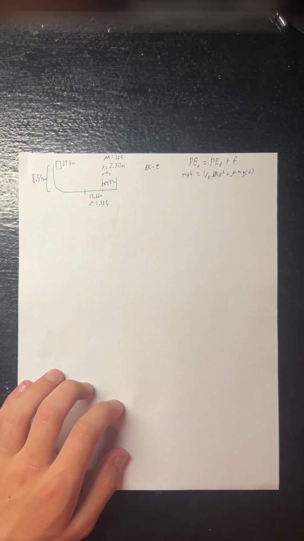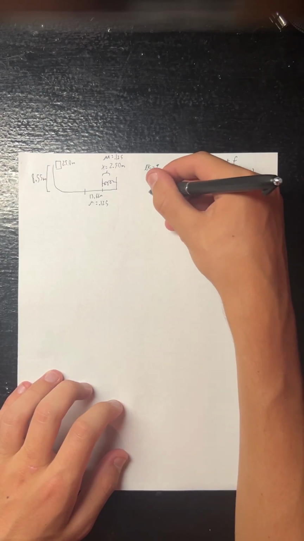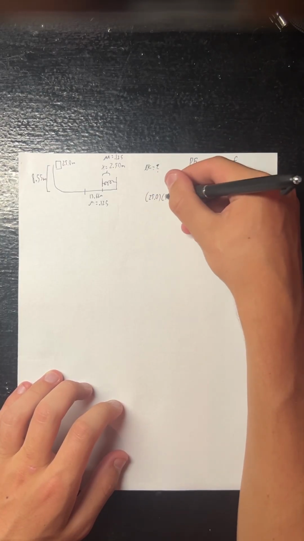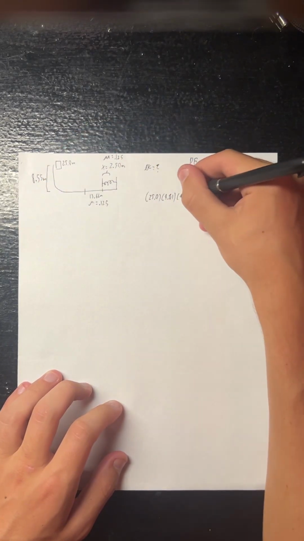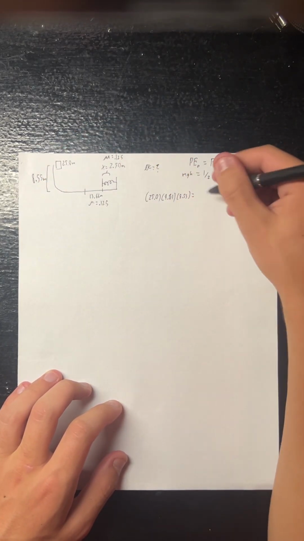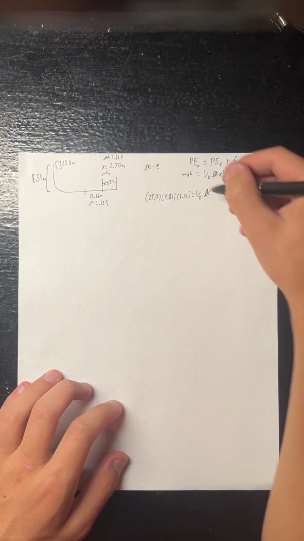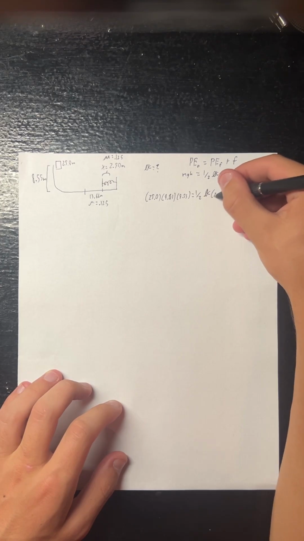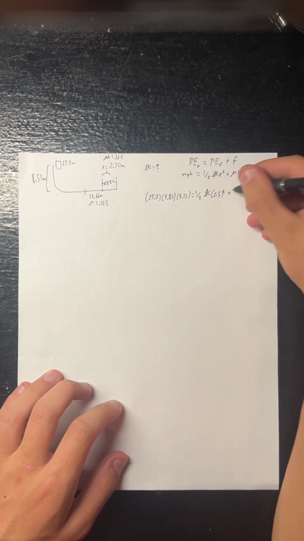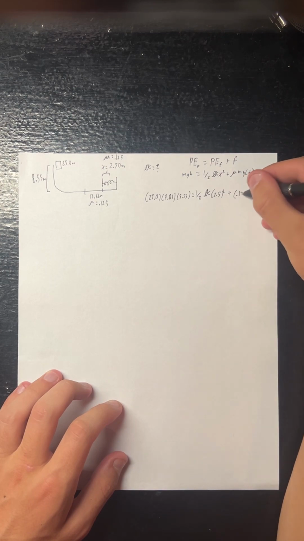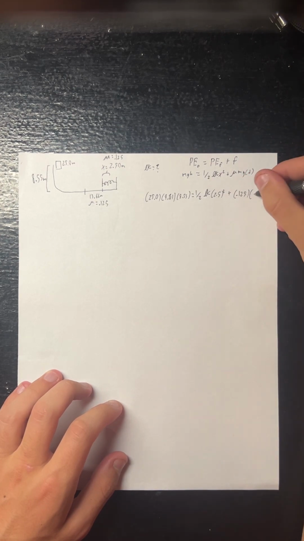So we can set this all up. mgh: m is 25.0, g is 9.81, h is given as 8.55, equal to 1/2 times what we're solving for, k, times x, which is given as 2.5, squared, plus mu, which is 0.125, times mg, which is 25 times 9.81, and then times the distance, this is a continuation.